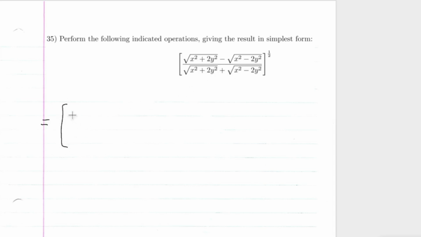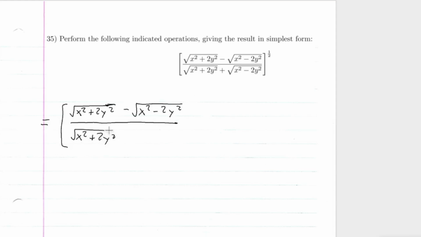So we're going to rewrite this expression: the square root of x squared plus 2y squared minus the square root of x squared minus 2y squared, over the square root of x squared plus 2y squared plus the square root of x squared minus 2y squared. And then the conjugate of the denominator is going to be this same thing, but this term will be negative.